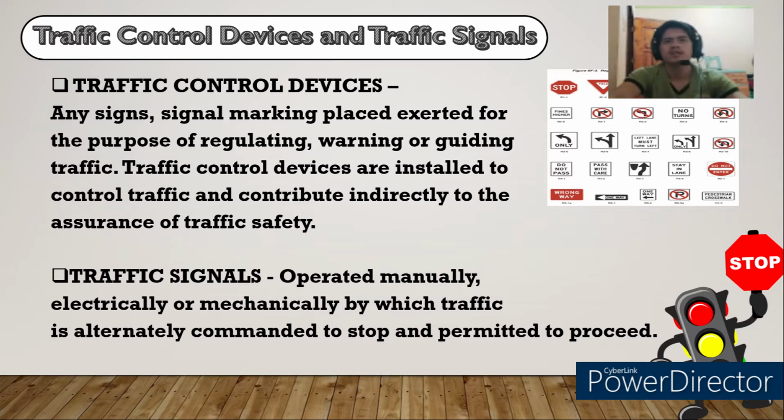Usually, traffic signals are located at highly traveled intersections, designed to regulate the flow of traffic manually or automatically, also allotting intervals for traffic in a specific direction to flow and stop. We see these on roads or highways.